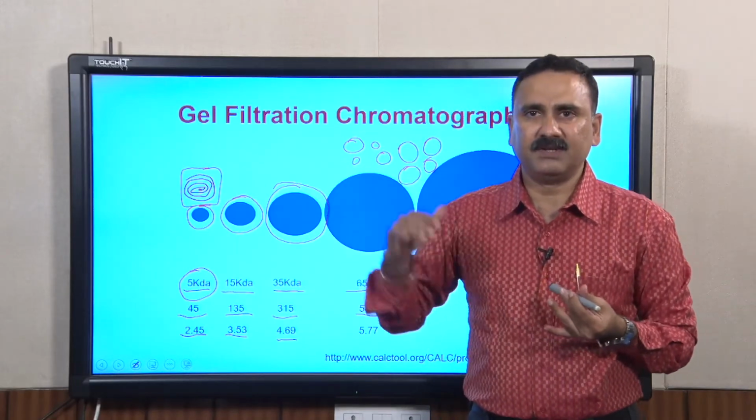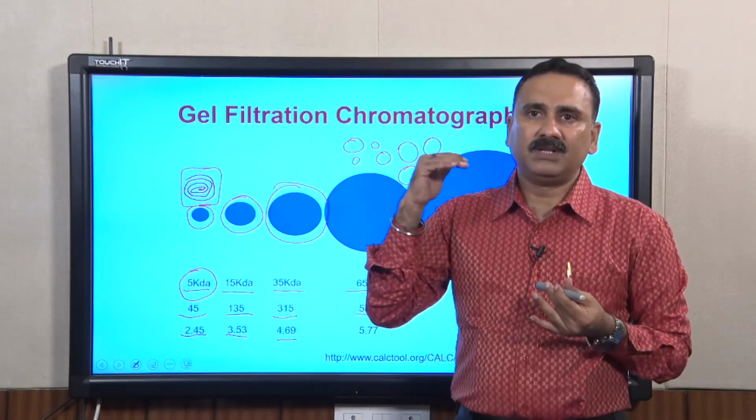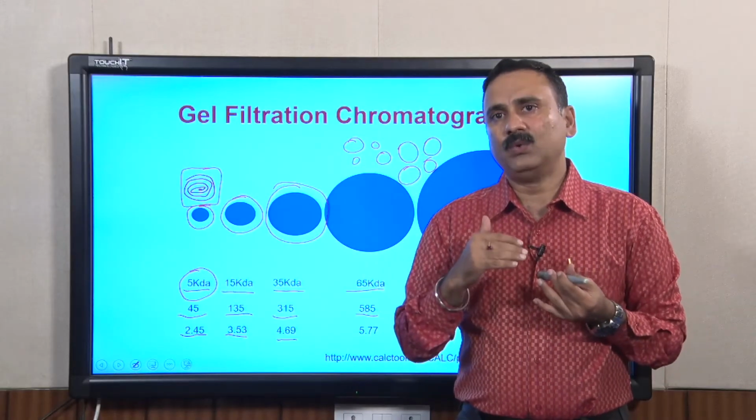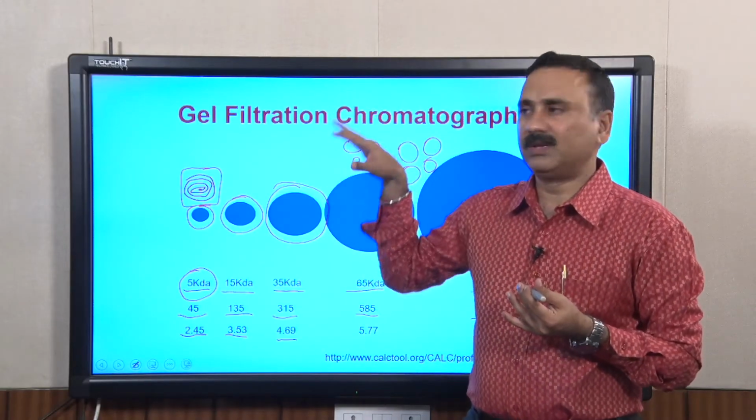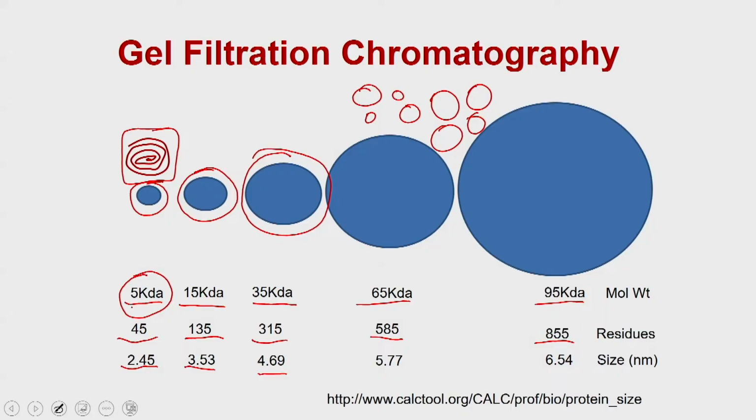In general terms, suppose you want to separate a protein of 5 kilodalton from a protein of 65 kilodalton. You can see that 65 kilodalton is of this diameter compared to the 5 kilodalton which is of this diameter.